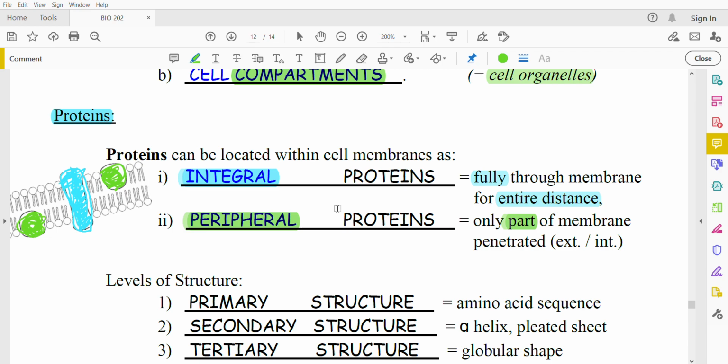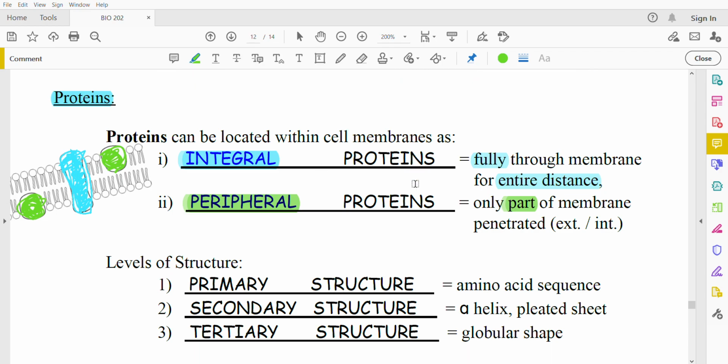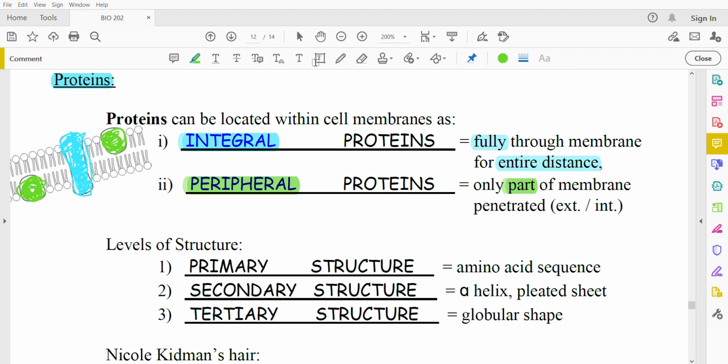So that's what I wanted to say about proteins on that part, and then we had a look at the levels of structure of the proteins. So if you remember, we had primary, secondary, and tertiary structures. On primary structure, it was just the amino acid sequence.